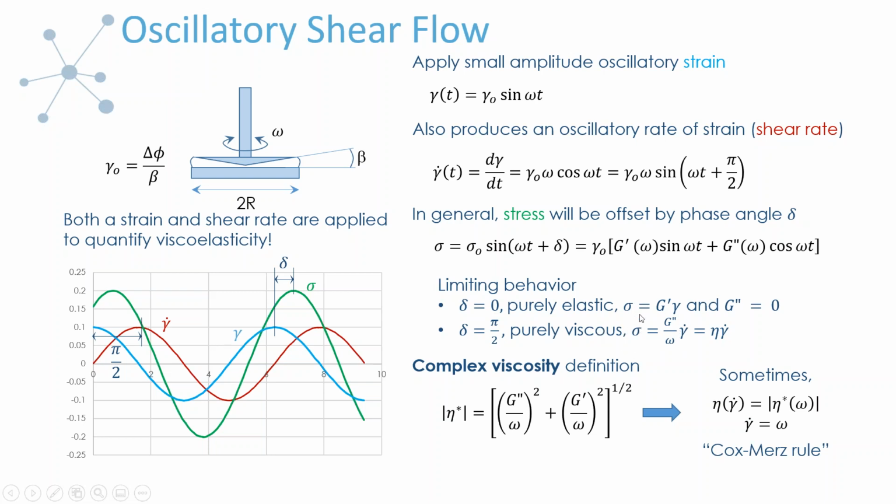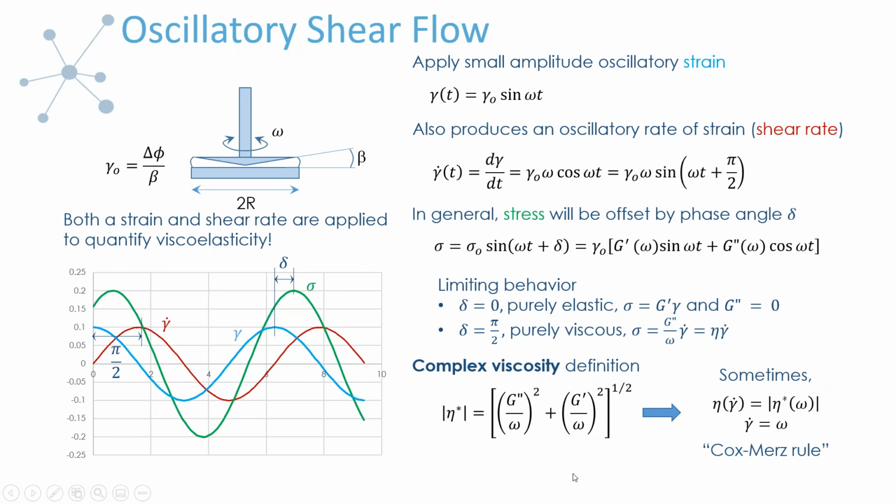From the viscous or loss modulus, you can actually get the steady shear viscosity. Although we're oscillating here, we're setting up the same type of flow field. We're still getting that velocity gradient perpendicular to flow, so we still have shear flow. It's just that we have the oscillatory nature. But in this particular limit of a purely viscous material, we can use the values that we get from the moduli to get a steady shear viscosity.